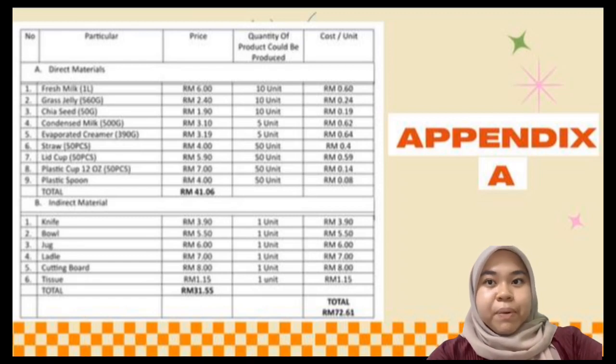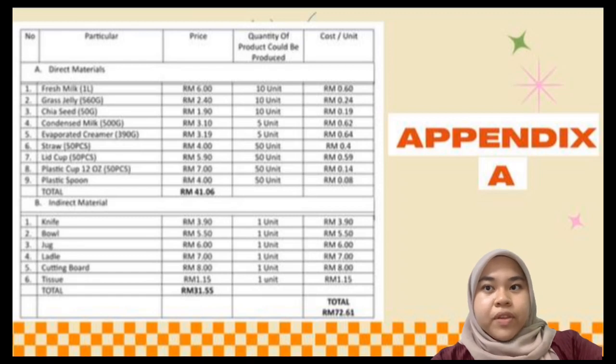Number 8 is plastic cup, 12 OZ, 50 pieces, RM7, 50 units also, and the cost per unit is RM0.14. And lastly, plastic spoon. The price is RM4, the quantity is 50 units, and the cost per unit is RM0.08.